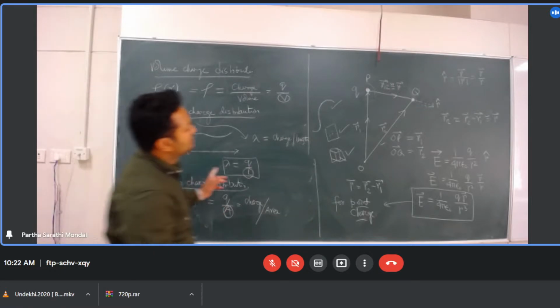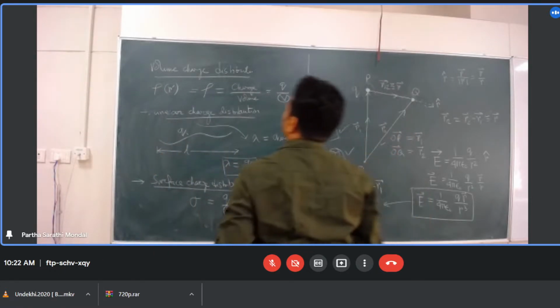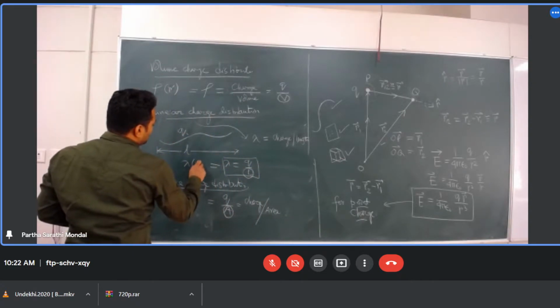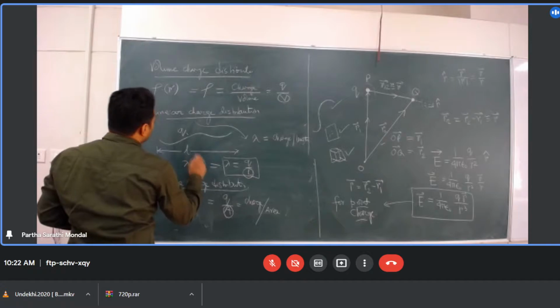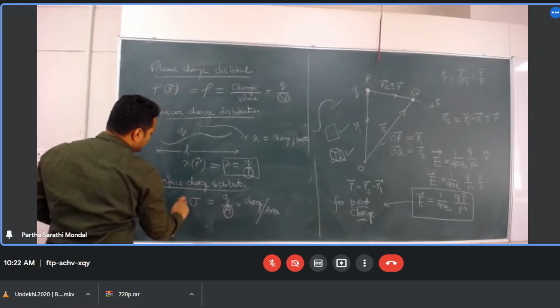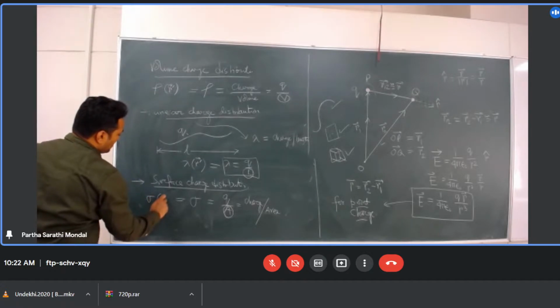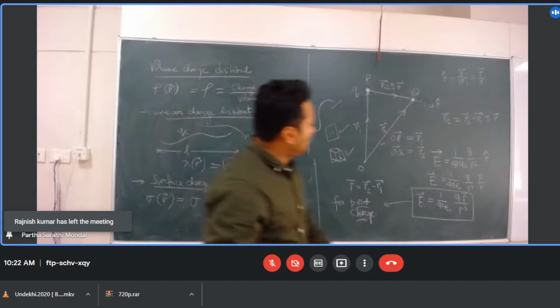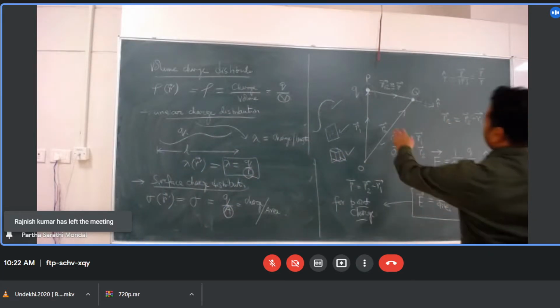Please don't mix these two up. Similarly, lambda is also a function of r dot, so if I say it is a vector quantity, it will be a vector. Similarly, sigma is also a function of position, which is not this position.